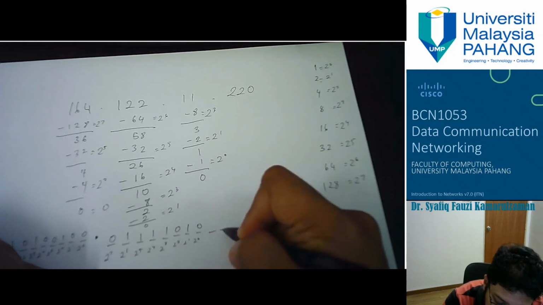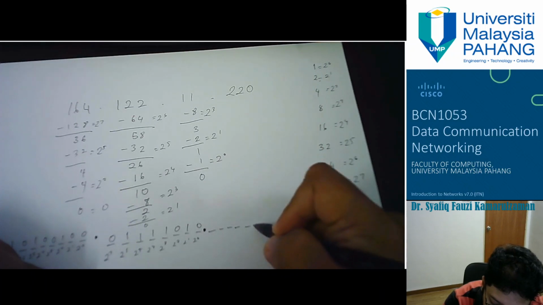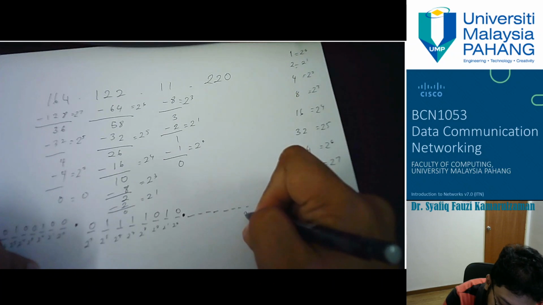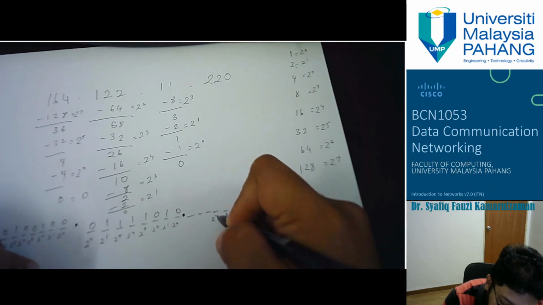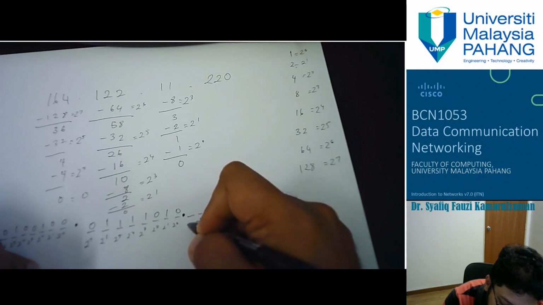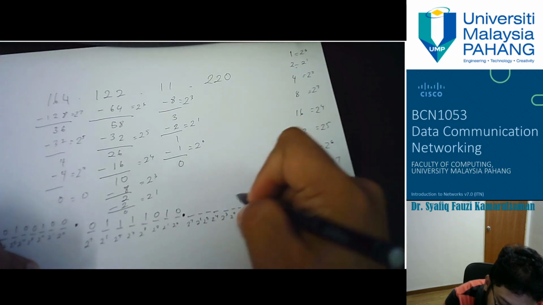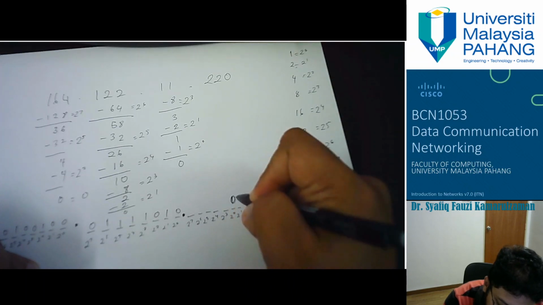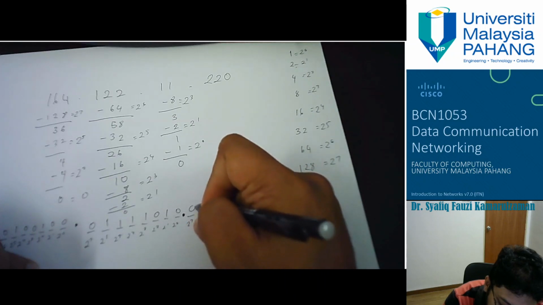So you draw the octet again: 2 power of 0, 2 power of 1, 2 power of 2, 2 power of 3, 2 power of 4, 2 power of 5, 2 power of 6, 2 power of 7. You will get 1 for 2 power of 0, 1 for 2 power of 1, 0 for 2 power of 2, 1 for 2 power of 3, then the remaining ones are 0.